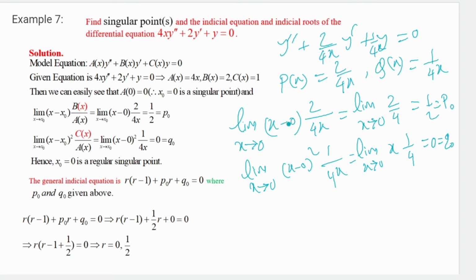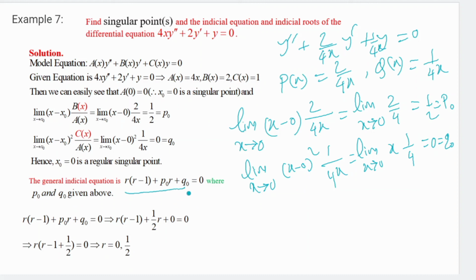So both limits exist. It's not compulsory for the answers to be the same; we have to make sure that both limits exist. So we can say that x equals 0 is a regular singular point. Now we have to find the indicial equation. According to the definition, the indicial equation is equal to this.